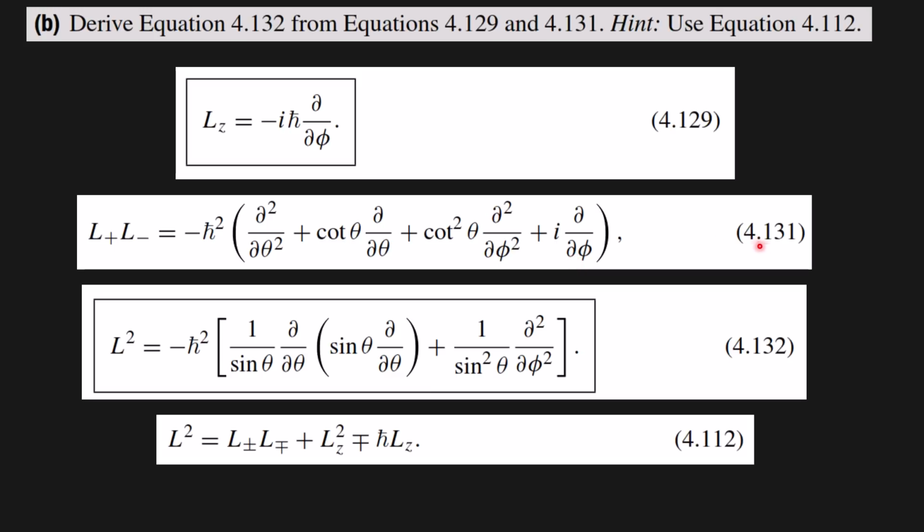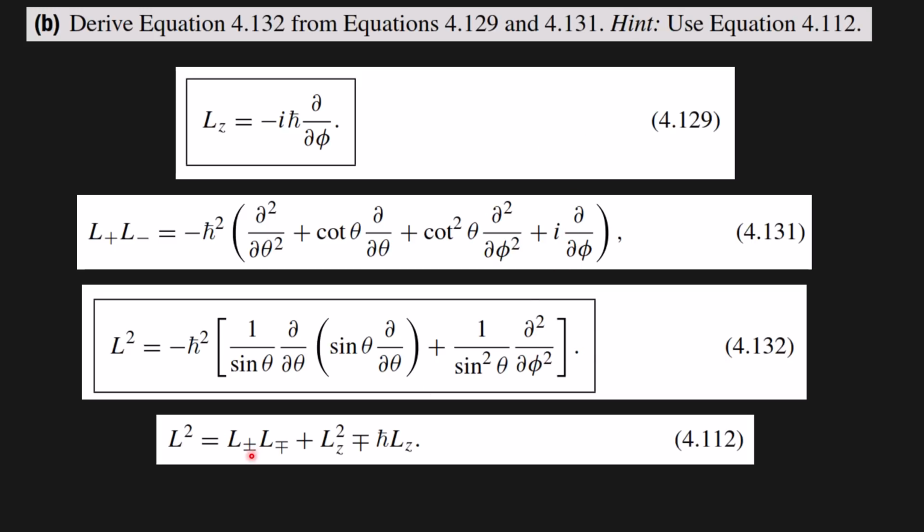That is equation 4.131, which we have proved in section A. And L squared, we have to prove this. L squared is equal to minus h cross squared 1 over sine theta delta over delta theta sine theta delta over delta theta plus 1 over sine squared theta delta 2 over delta pi 2. We have to prove this using these two equations.